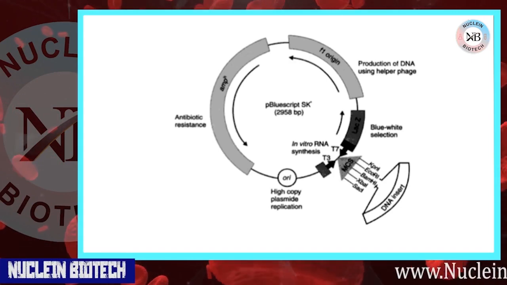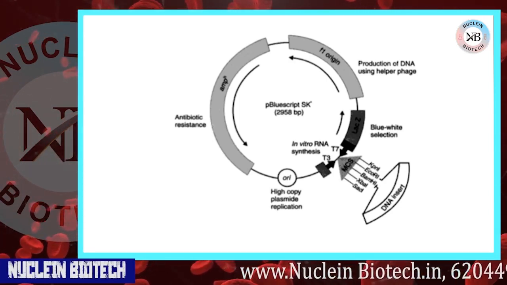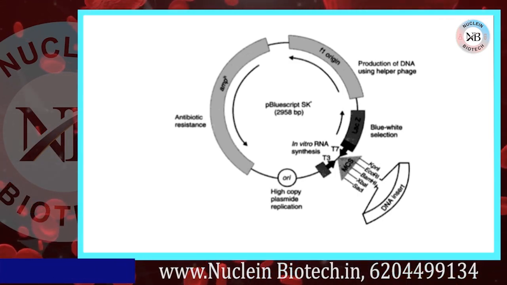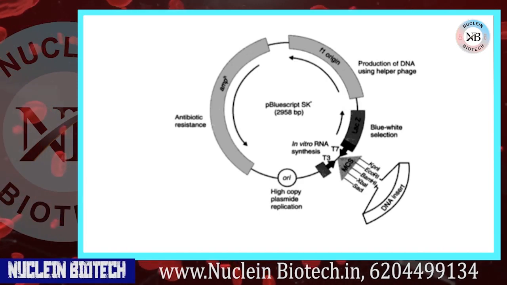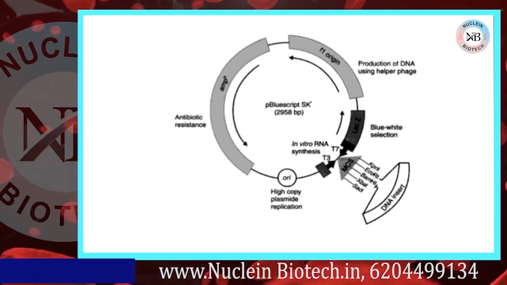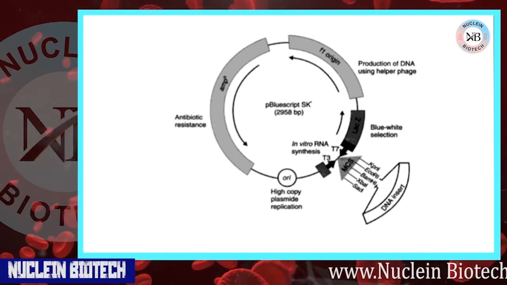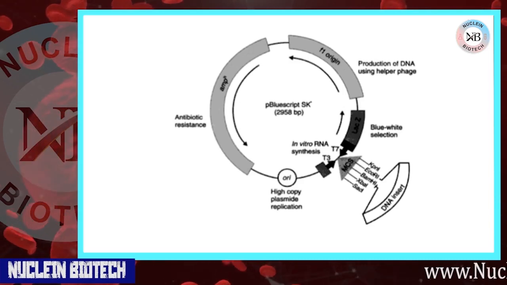The f1 positive and f1 negative origins of replication from filamentous phage yield sense positive and antisense negative strands. The f1 origin sequence allows the production of single-stranded DNA following infection of the host bacterial cell with M13 helper phage.